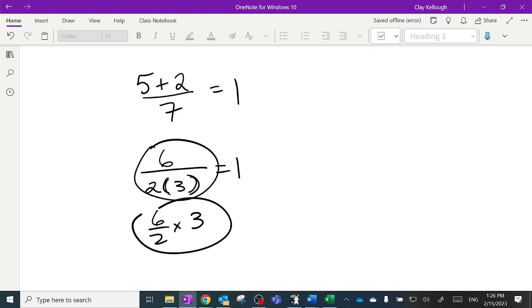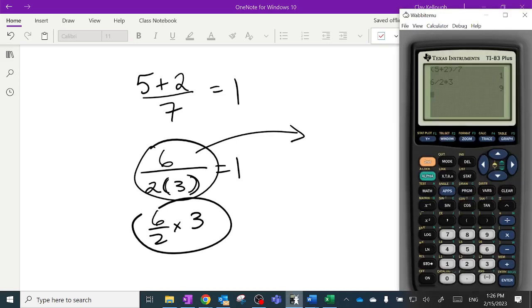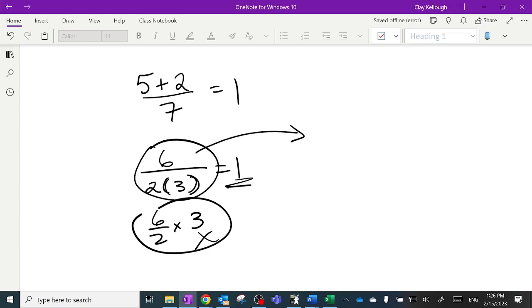When I want the calculator to do exactly that, I have to go 6 divided by, and then open a bracket, 2 times 3, and then it knows that I meant this and not that.